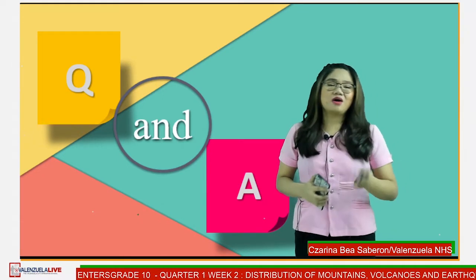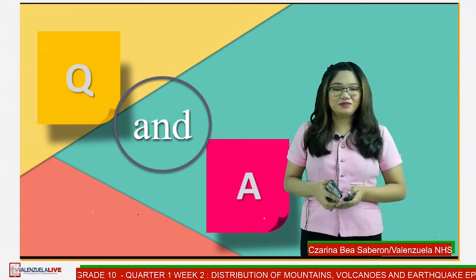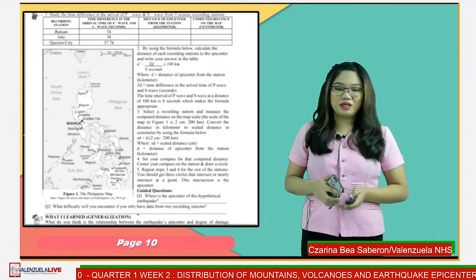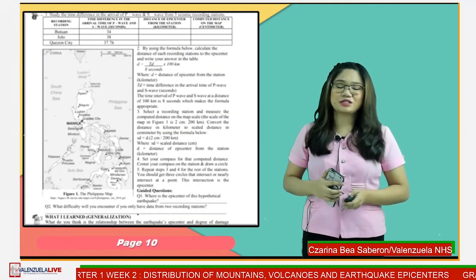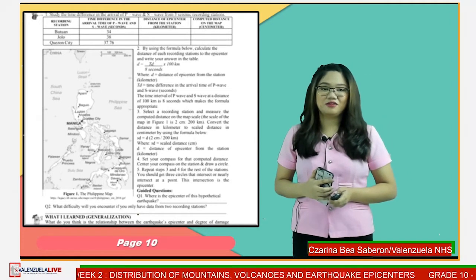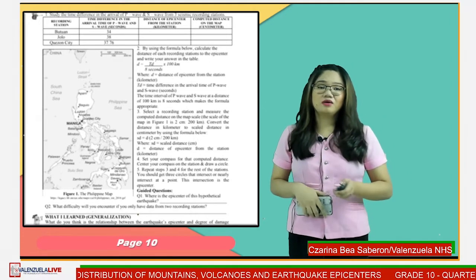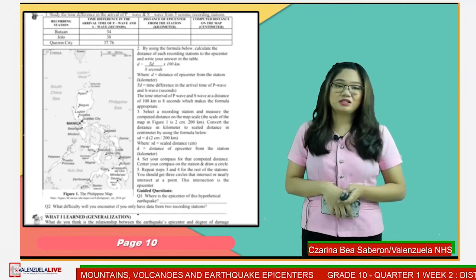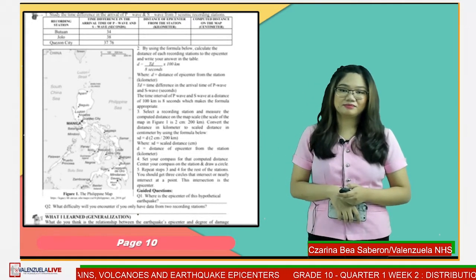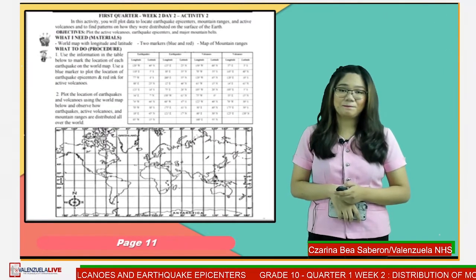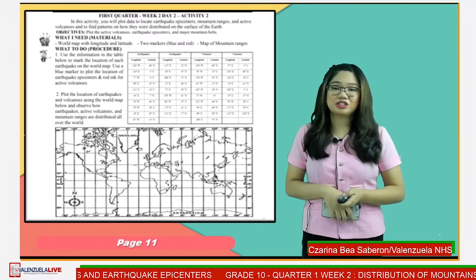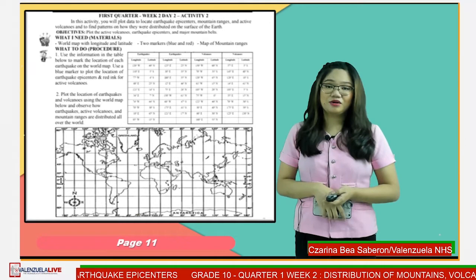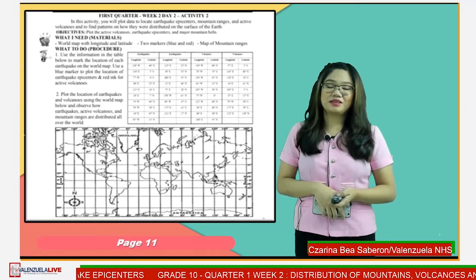Okay, so now these are your module activities you ought to answer for this week. On your first day activity, on page 10, you are going to locate the epicenter of the earthquake using the triangulation method. Next, on the second day, you'll be plotting the locations of volcanoes and earthquakes on the world map, and that is on page 11.